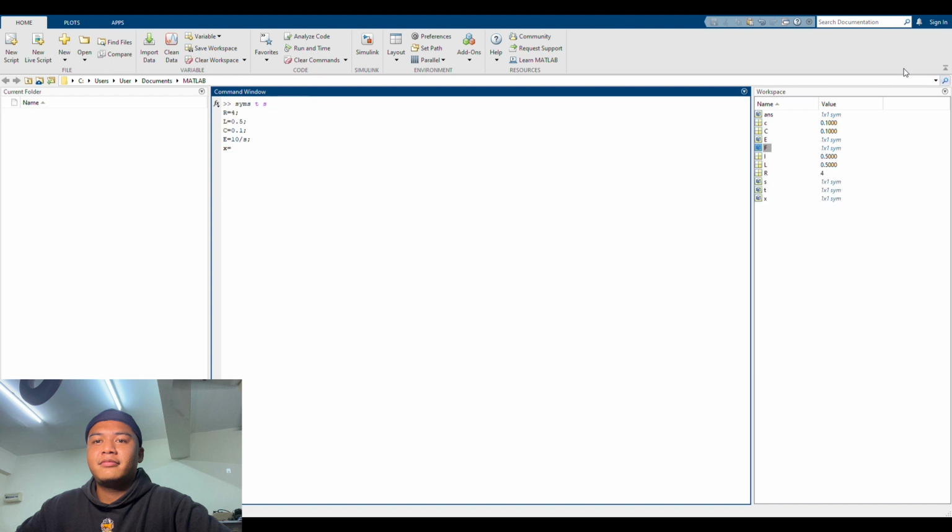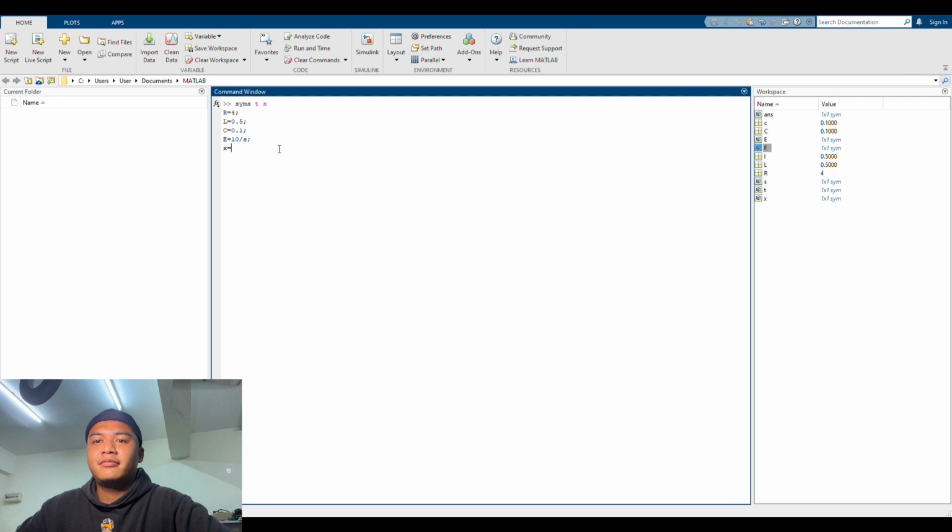Okay, next for the MATLAB solution in question 4b, I use the same instruction. That means syms t s. So the given is R equal to 4 semicolon, L equal to 0.5 semicolon, C equal to 0.1 semicolon, and E equal to 10/h.